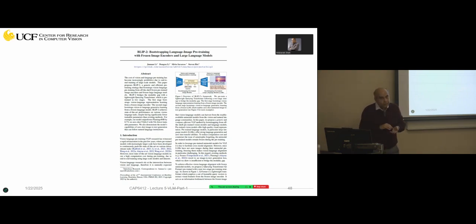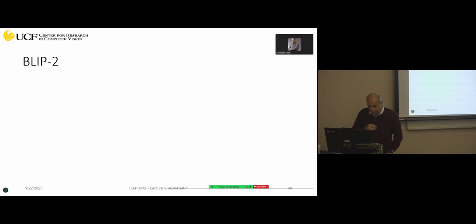This is a pretty influential paper from Salesforce, BLIP-2, and it's kind of derived from CLIP, right? It stands for bootstrapping language-image pre-training with frozen image encoder and large language model. So CLIP did not use a large language model, just a simple image and text encoder.